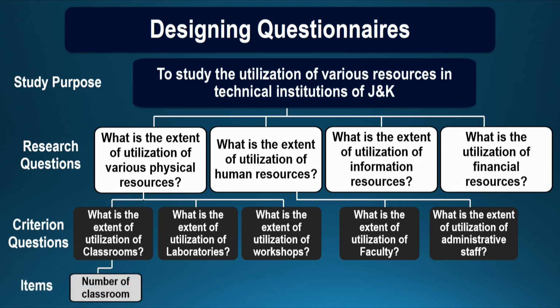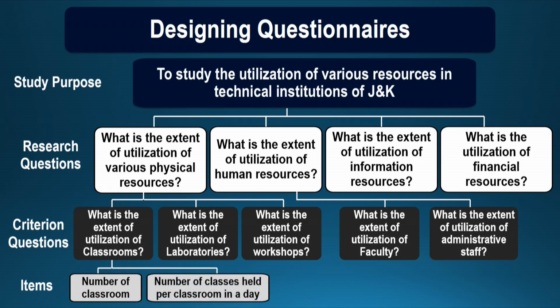Now here the researcher needs to answer this question by collecting data or information related to the number of classrooms that exist in the technical institution, the number of classes held in each classroom per day, and the number of days the classroom is used per semester or year.